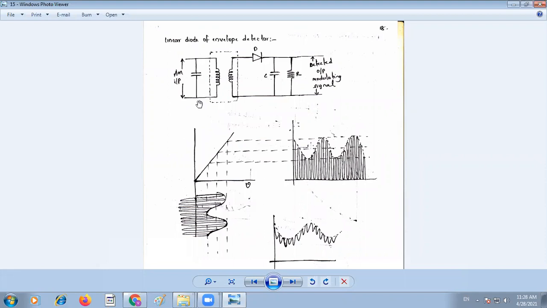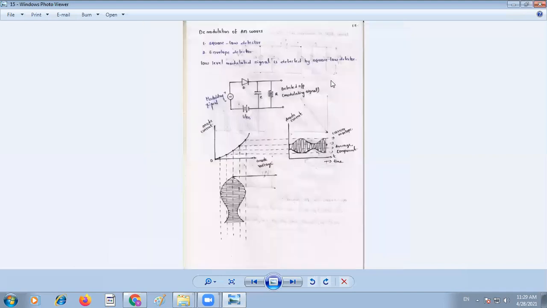When the primary is induced to the secondary, a voltage is produced in the secondary. The secondary output is given to the diode. When the diode operates in the ideal case again, the diode output is given to the capacitor and resistance in parallel connection, same as in the previous one.